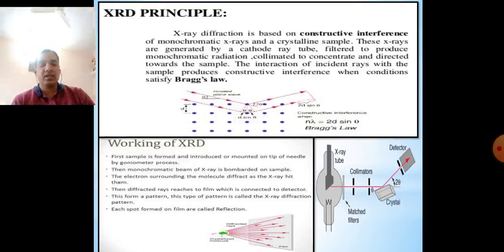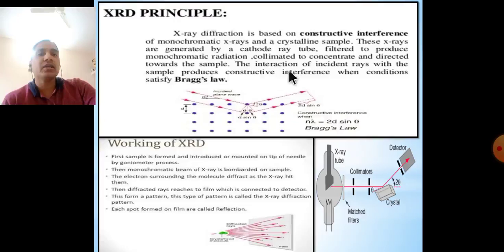First is XRD, the X-ray diffractometer. X-ray diffraction is based on the constructive interference of monochromatic X-rays and a crystalline sample. These X-rays are generated by a cathode ray tube, filtered to produce monochromatic radiation, collimated to concentrate them, and directed towards the sample.